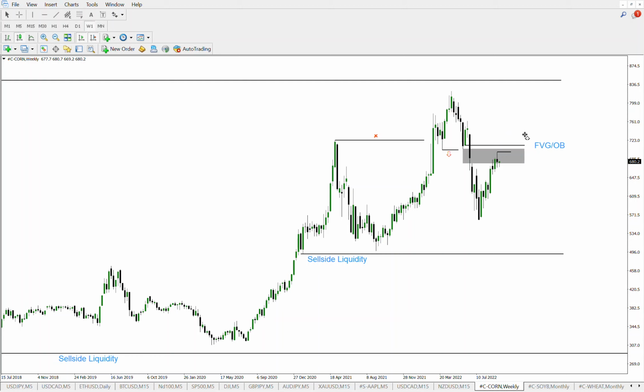And so if we were to look at, let's say a psychological level per se, we have the 710 level here. So price could come back up into this order block one more time and then sell off, or we could just end up selling off a little bit early tomorrow. I'm not too sure. I'm going to monitor these charts intraday and see what kind of entry that I can get.